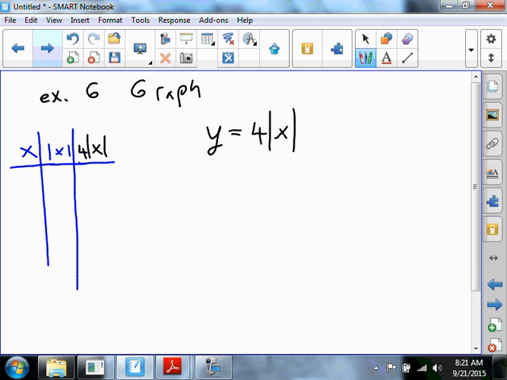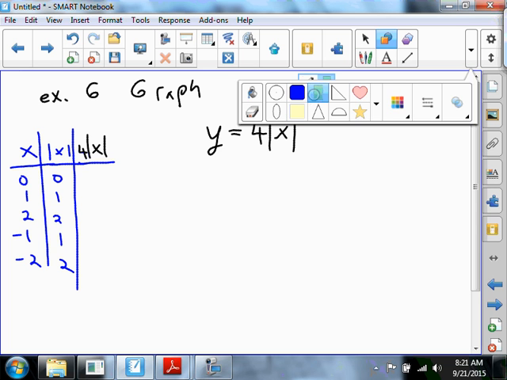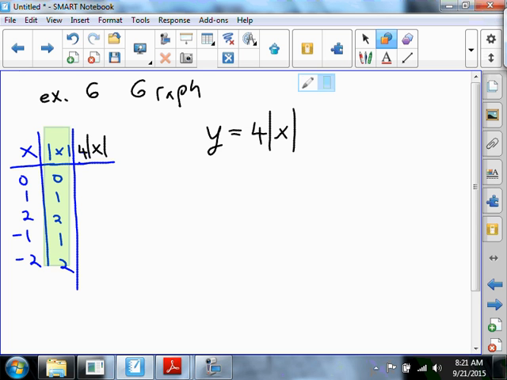The parent function goes through 0, 0, and 1, 1, and 2, 2, and -1, 1, and -2, 2. This function says what we're going to be doing to the y values is multiplying all of them. Those are really our y values. What we're going to be doing is multiplying all those by 4.